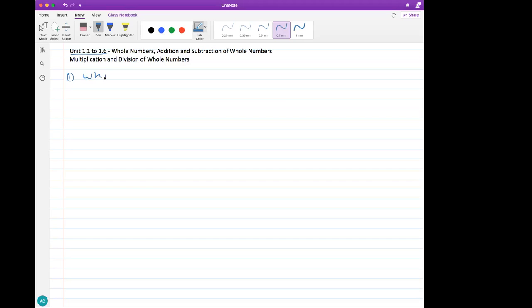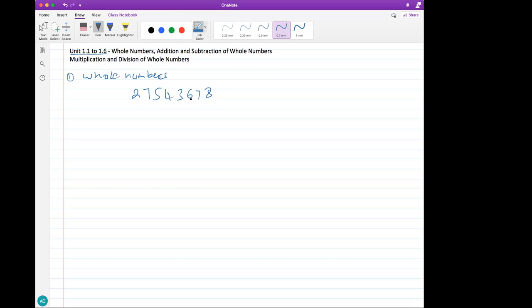Okay, so let's talk a little bit about whole numbers. Let's say 2, 7, 5, 4, 3. So this is a number here. This is a whole number. It does not have a decimal point. Otherwise, it would be a decimal number, not a whole number. A whole number does not have a decimal part, unless you want to add 0.00 to the end of the number.